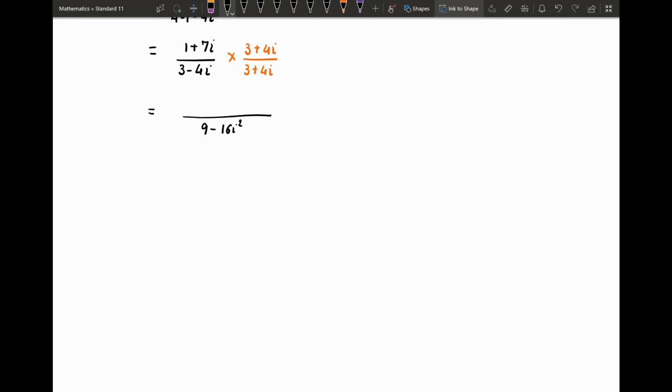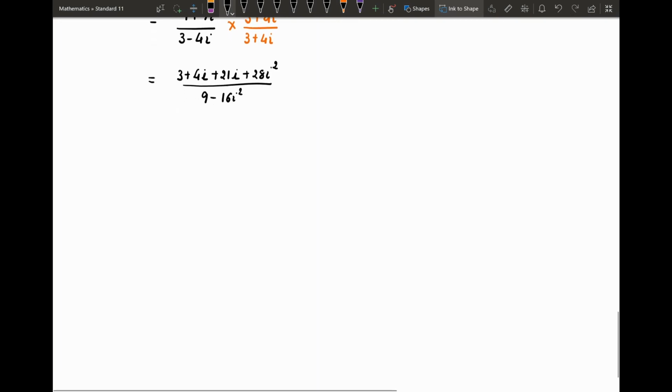In the numerator, ordinary multiplication, so 3 plus 4i plus 21i plus 7 into 4, 28 i square.